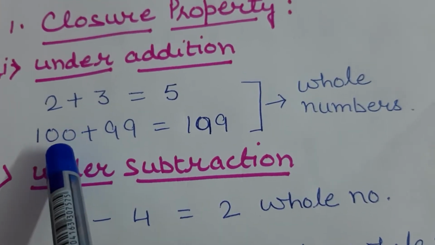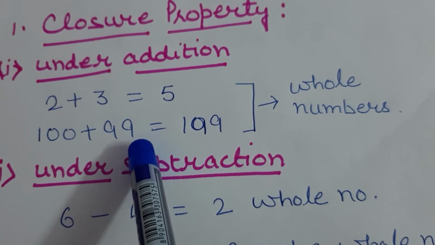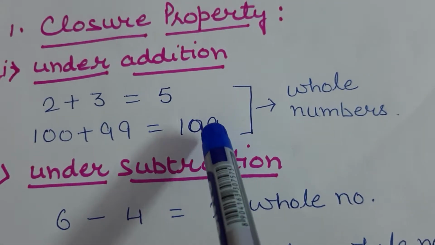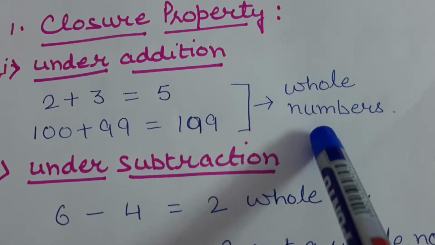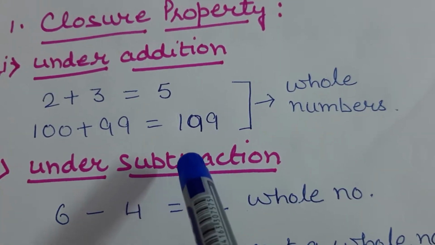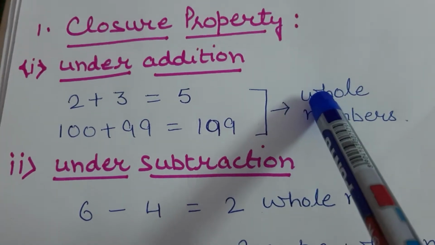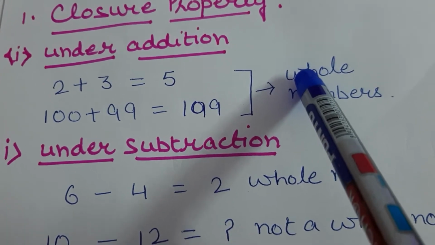Similarly, second example, 100 and 99, both are whole numbers. If we add them, we get 199. Again, it's a whole number. So it is valid under addition. Whole numbers are closed under addition.